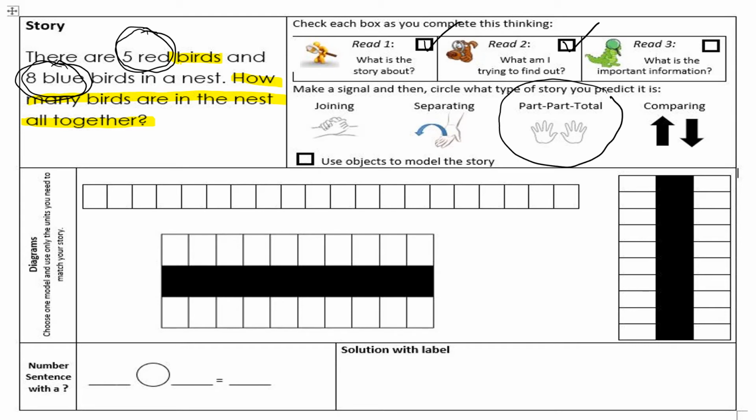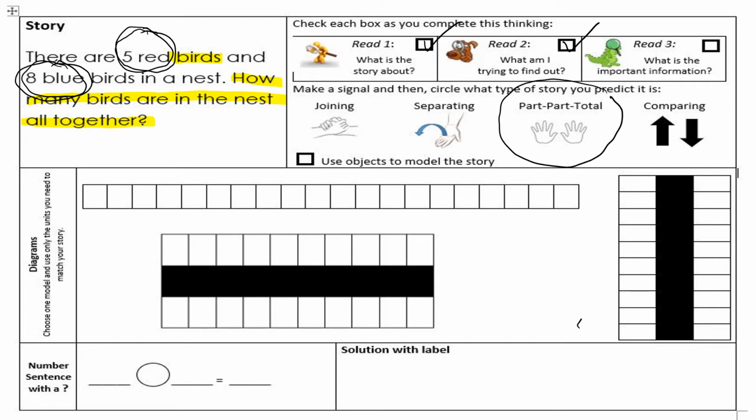So unlike joining, there's no action. Nothing was given, no more birds came, no birds left like a separating problem, and we're not comparing. So this is an example of what a part-part total looks like. You have your two parts, you're trying to find your total. Nothing's really happening in the story problem.